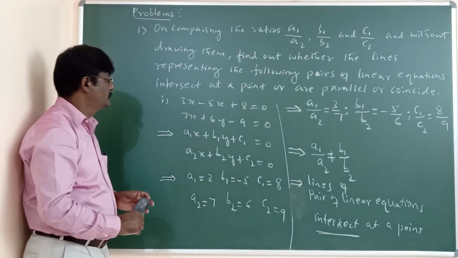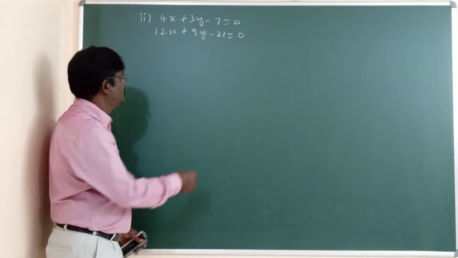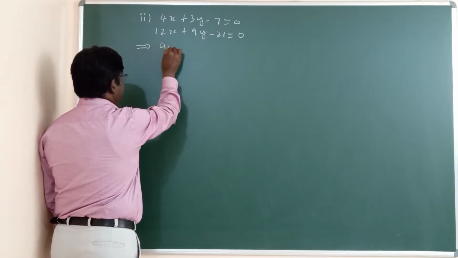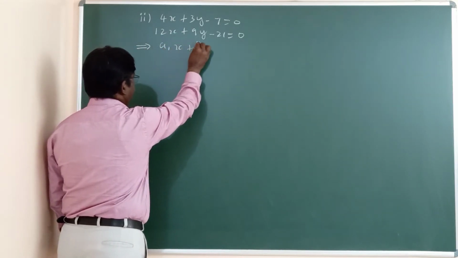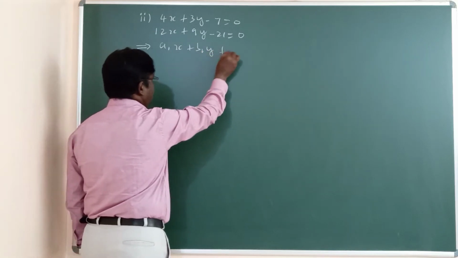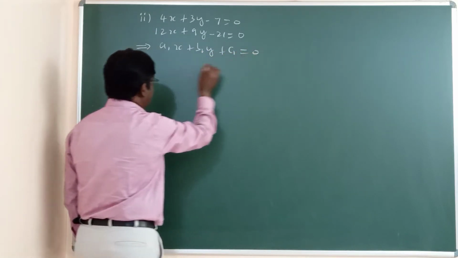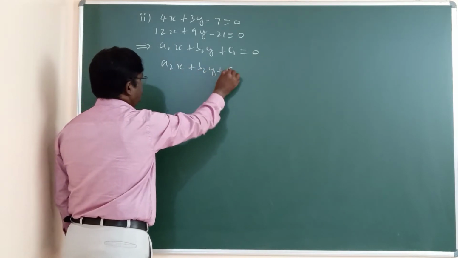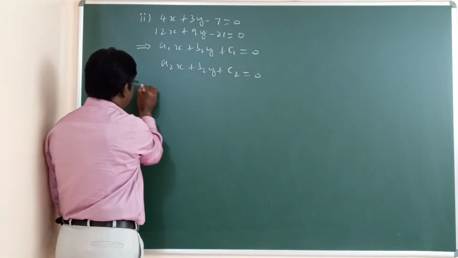Okay, children? Yes, children. Now the second set: a1 x plus b1 y plus c1 equal to 0, a2 x plus b2 y plus c2 equal to 0.